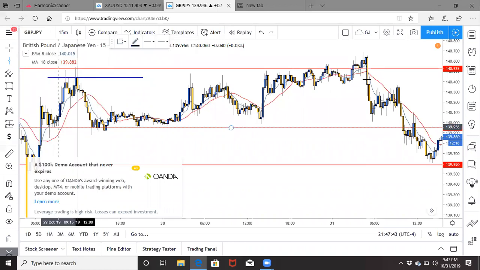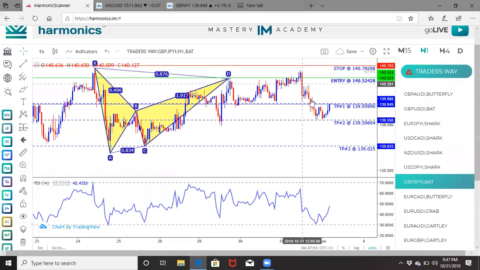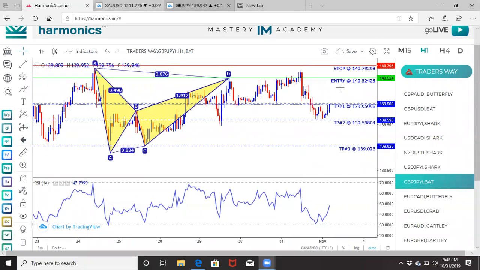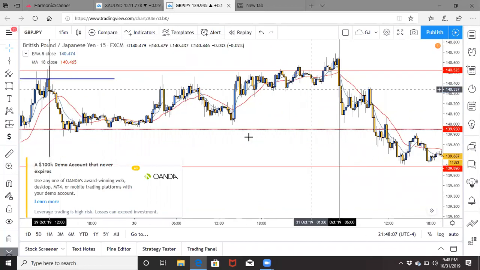Obviously right here, this second black vertical line, that's when you really started to see the downward movement again. This candle all the way down tapped TP2 almost. Why did that happen? Time frame correlation on the M15, because the smaller time frames make up the larger time frames. Minutes turn into hours, hours turn into days.